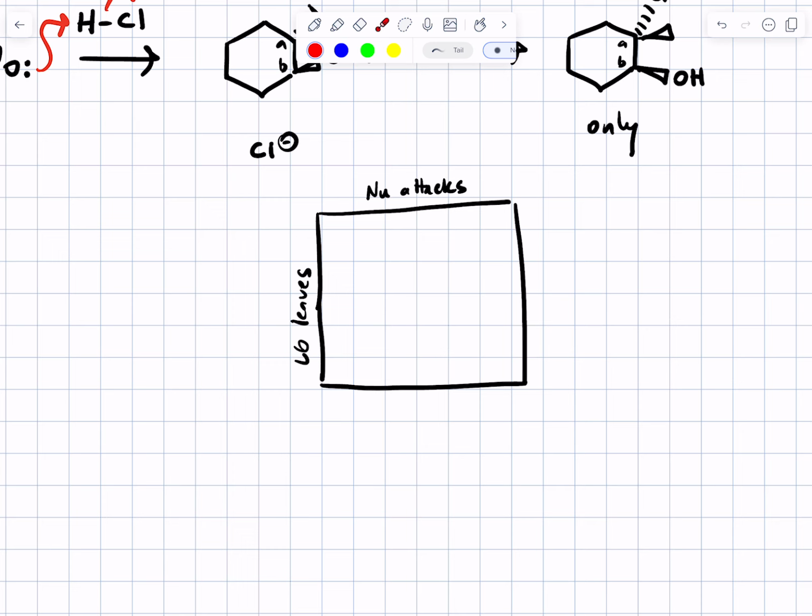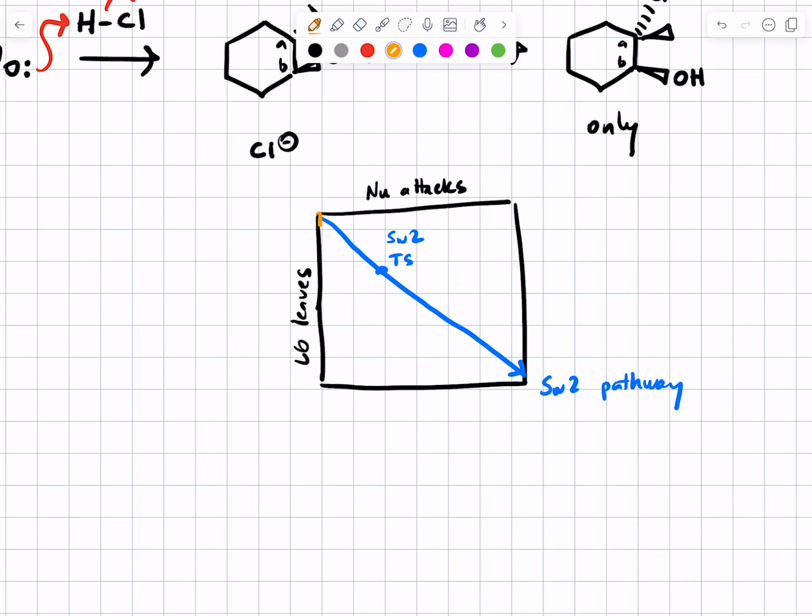If a mechanism was SN2, the nucleophile attacks as the leaving group leaves. So this is the SN2 pathway. And there's some transition state here. This is the transition state for the SN2 reaction. Where on this plot is the SN1 mechanism?